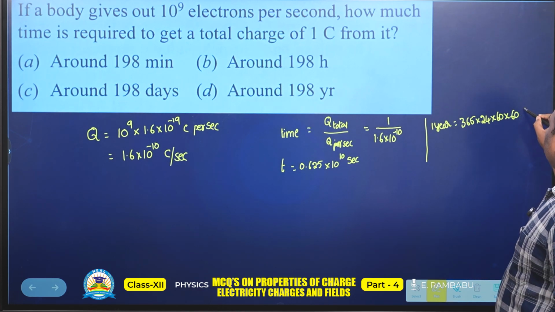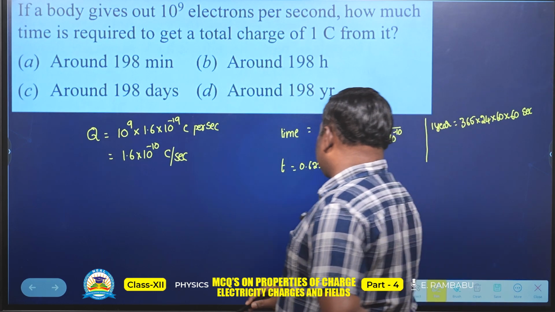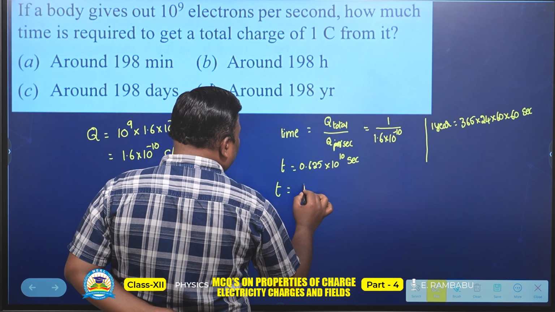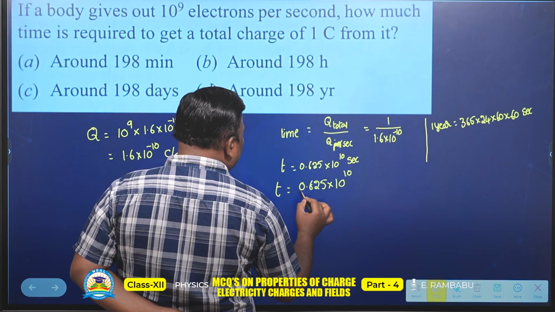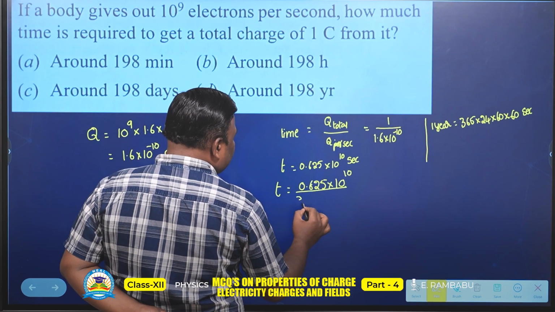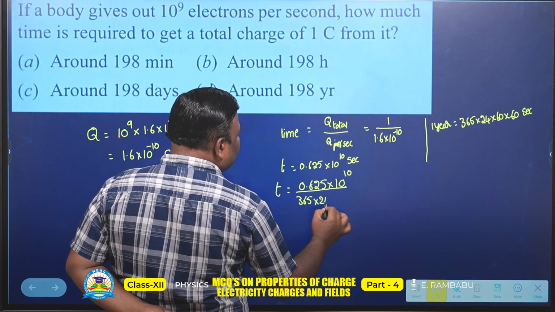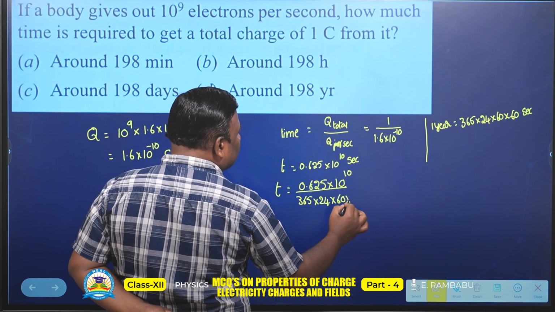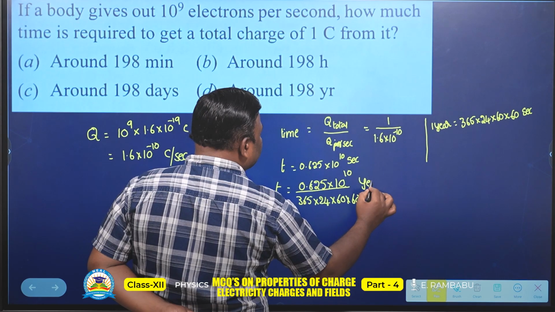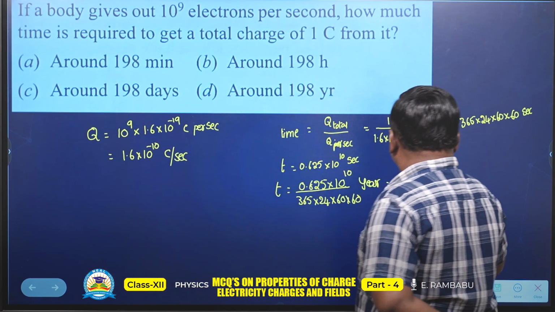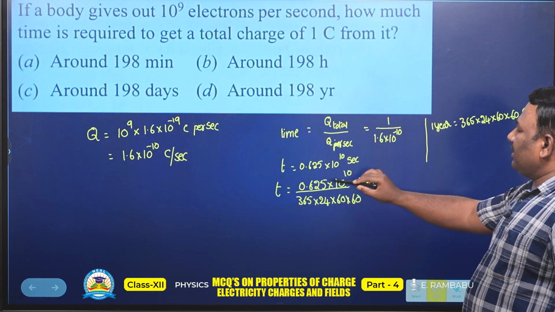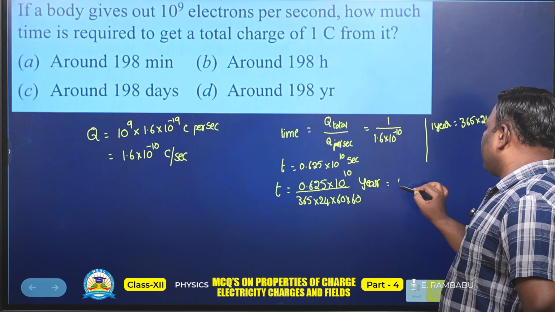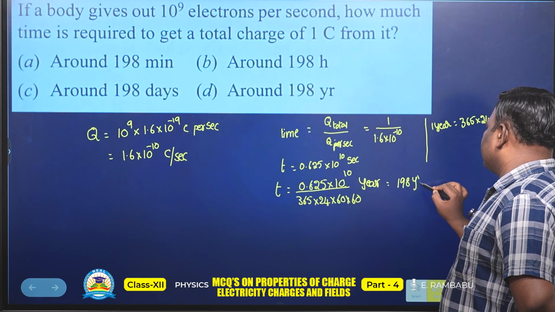So the time required is 0.625 into 10 to the power 10 divided by 365 into 24 into 60 into 60 years, since 1 second is equal to 1 by 365 into 24 into 60 into 60 year. Simplifying this, it is approximately 198 years.